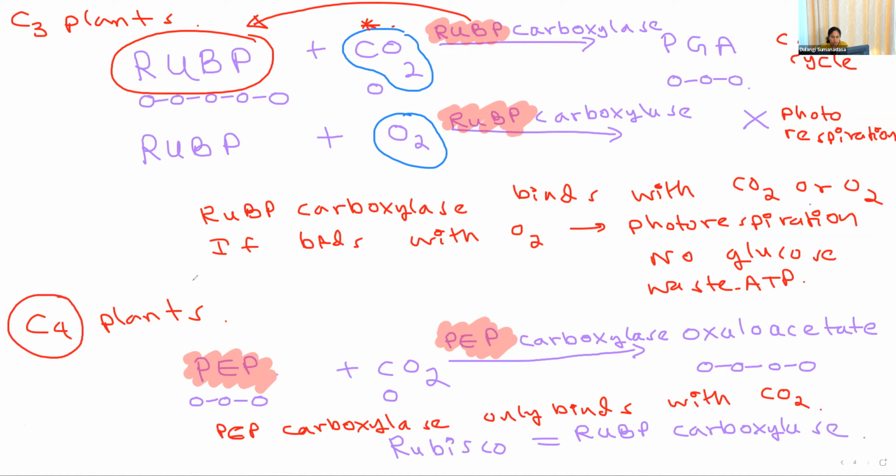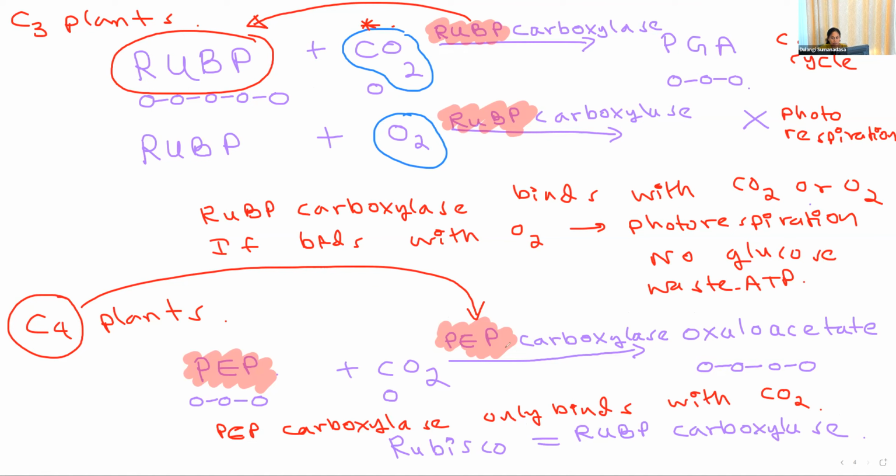So in C4 plants, the initial carbon dioxide fixation is by an enzyme called PEP carboxylase. PEP carboxylase is more efficient because it can only bind with carbon dioxide, never ever with oxygen. They're not going to do anything like photorespiration. But this is a different reaction to the previous carbon fixation.